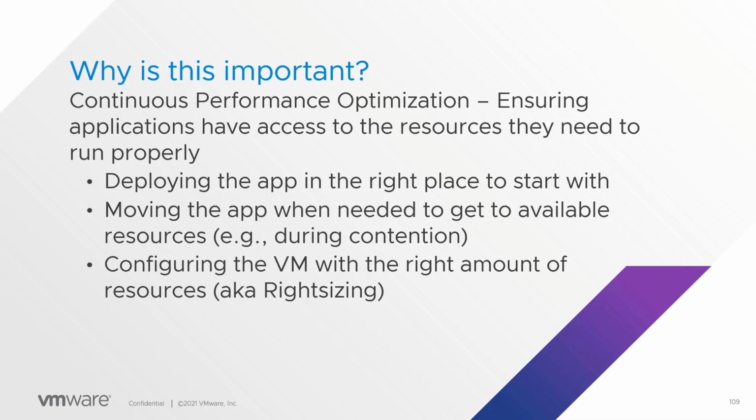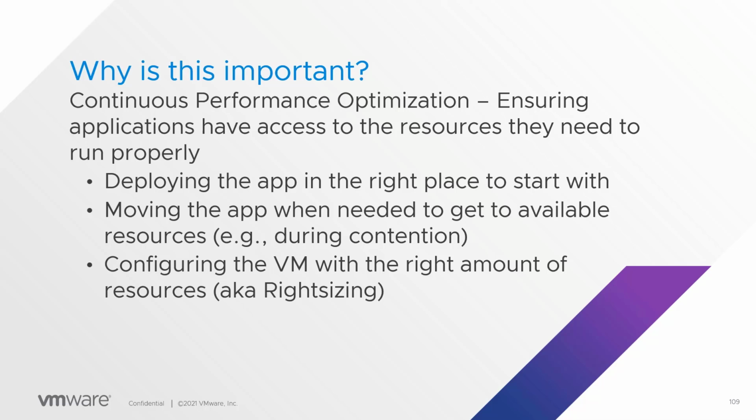And really, it kind of gets divided up into three major parts. It's deploying the application into the right place in the first place so that the minute it lands, it's got the resources it needs. It's moving applications or even VMs or workloads when they need to get to the resources.